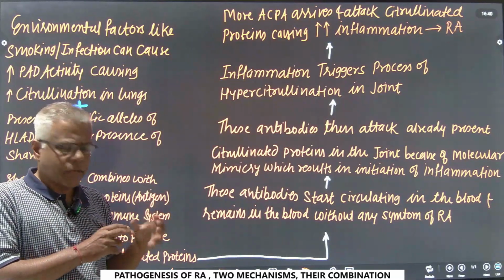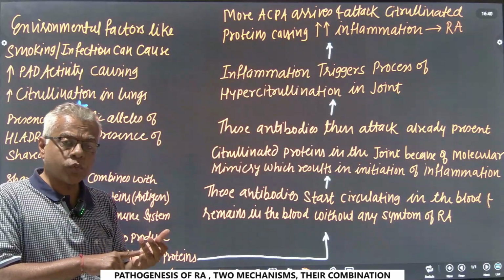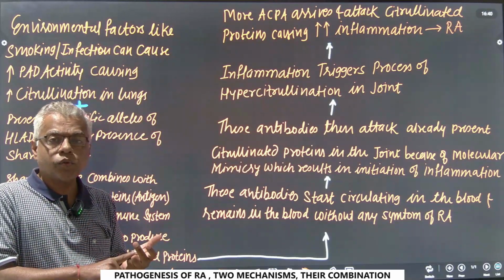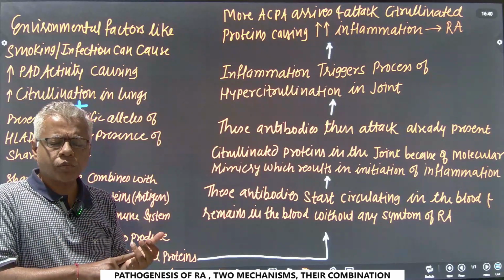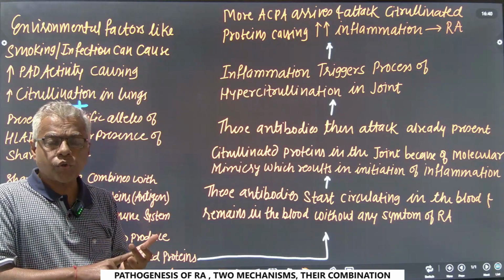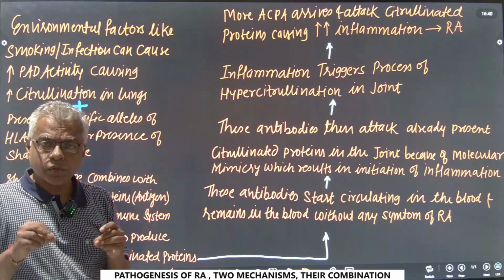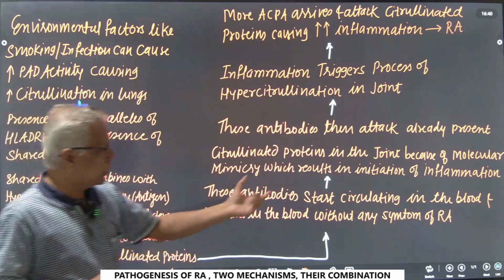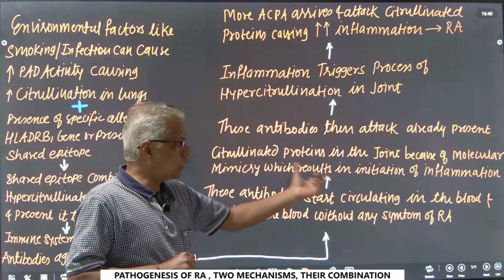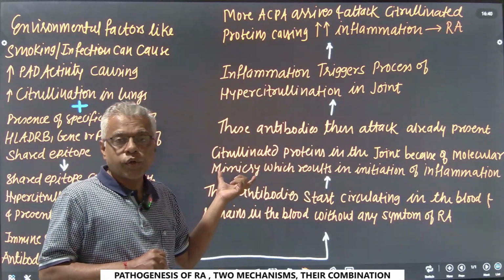So in the first mechanism, it is the infection of the joint and a trauma to the joint that is responsible for the inflammation of the joint. Here we are getting the inflammation because of the molecular mimicry.